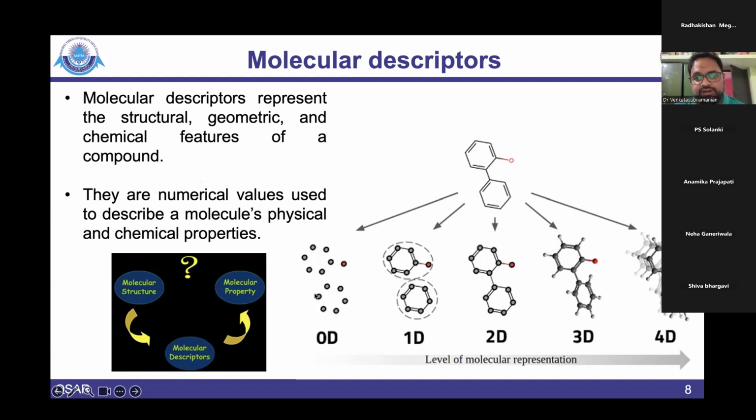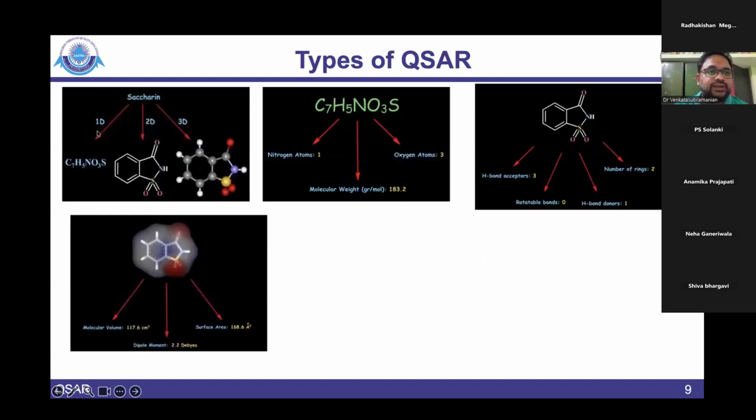They are numerical values used to describe a molecule's physical and chemical properties. For example, if you take saccharin, 1D is just the molecular formula. That means it contains one nitrogen atom, a molecular weight of 183, 3 oxygen atoms, and 7 carbon atoms: molecular formula, atom types. These are one-dimensional data, which is only the basic atomic composition.